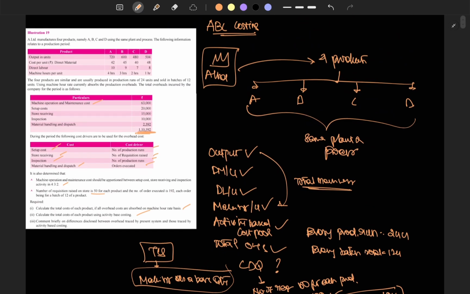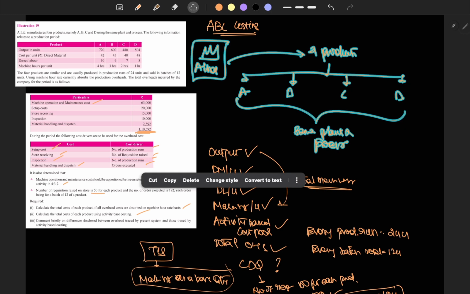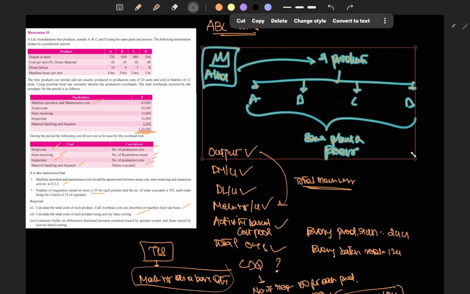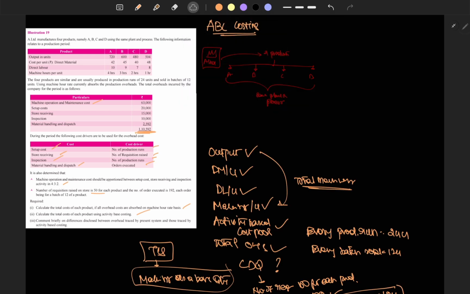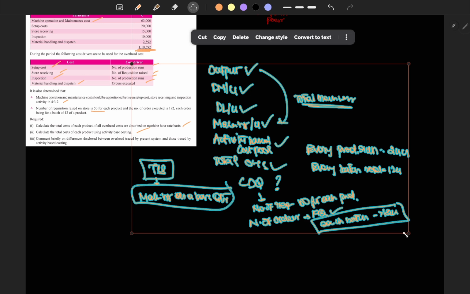So let's quickly jump into this sum, and I hope you have understood what it is. Simply said, they are using the traditional costing system, and the factory wants to utilize absorption costing, since it seems effective for them.